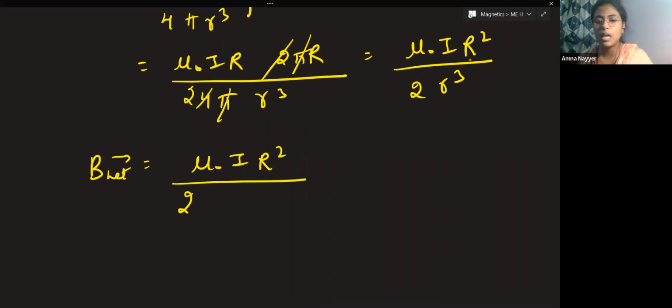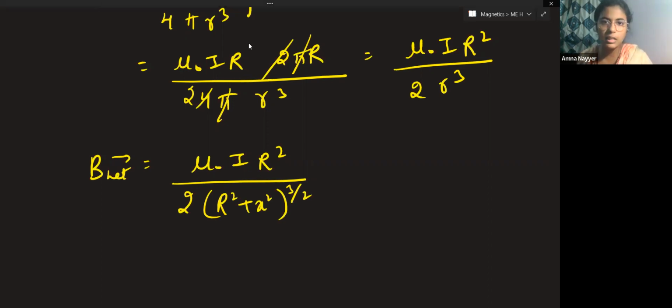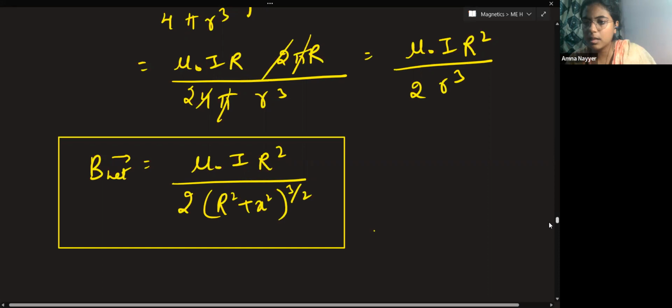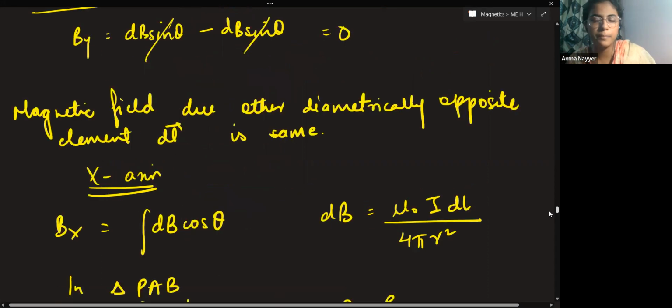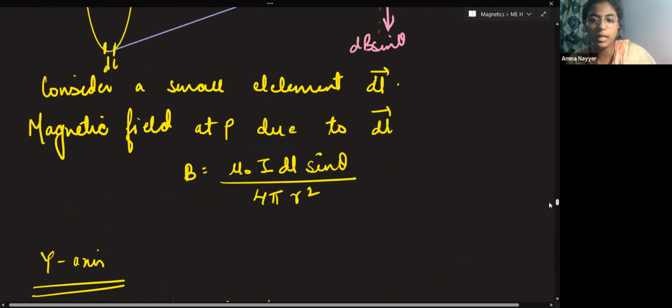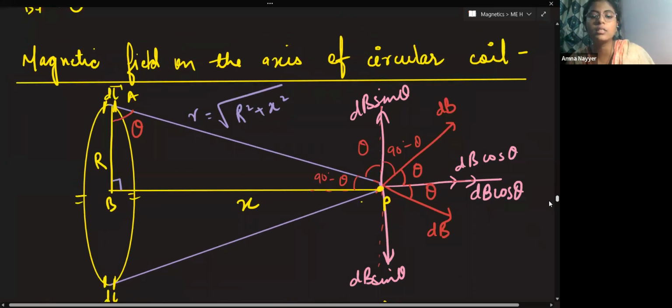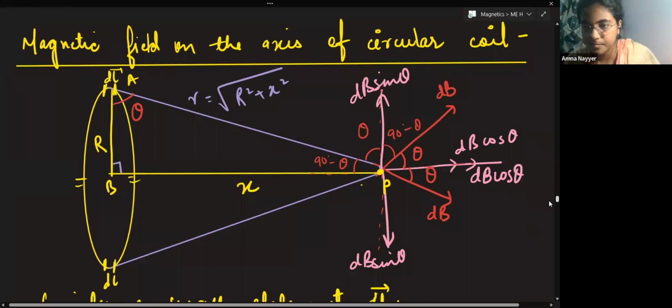So this becomes R square plus x square to the power 3 by 2, 3 from here and half from the root. Fine, class. Note it till here, then we'll solve certain questions based on this. At whatever step you're not able to understand, ask me. In the exam, you have to draw this figure where you mention all the forces and all the magnetic fields that are acting.